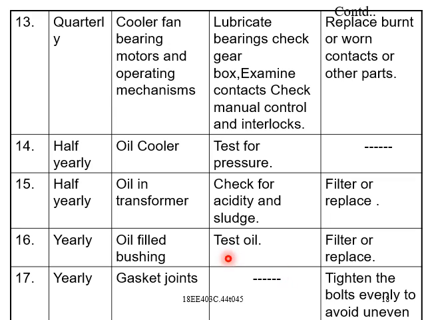Moving on to the next slide, in the continuation of table 2, it's the 13th one, that is quarterly maintenance. The maintenance is done quarterly, and the items to be inspected are the cooler fan, bearings, motors, and operating mechanism. This is for forced air cooling, done by fans and motors and all those things.